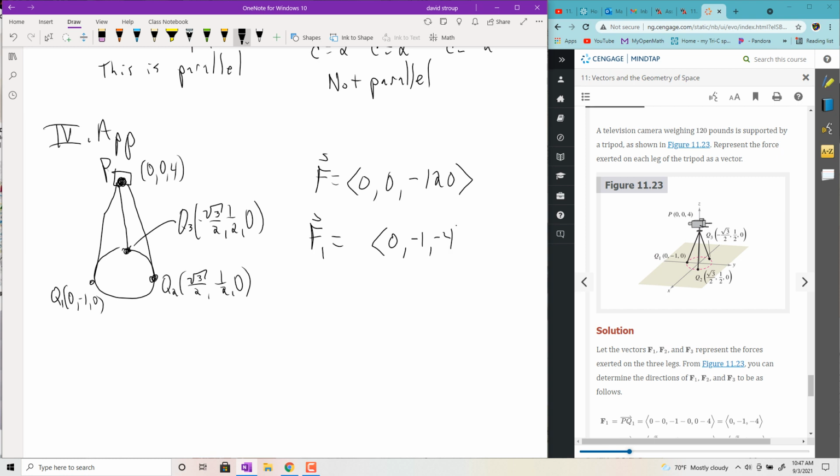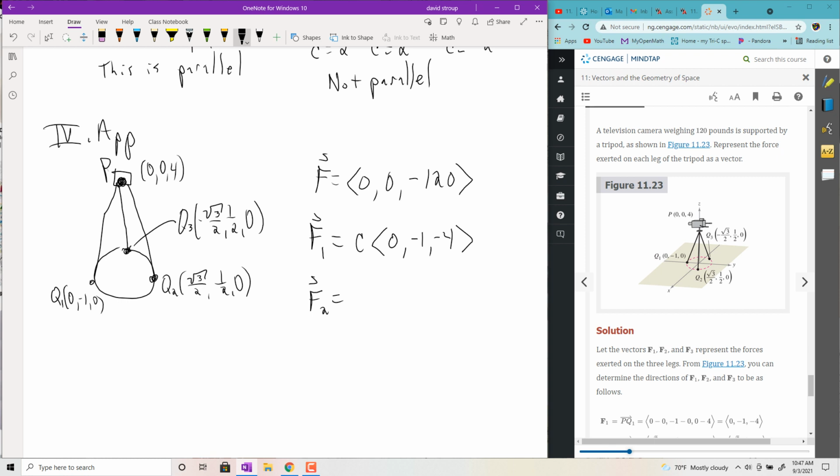So that's the direction of the force vector, but you don't know its magnitude. So what you do is cheat a little and just put a constant there. You don't know what the force is yet, but you're going to be able to figure it out via the laws of force. So let's get the second force vector.